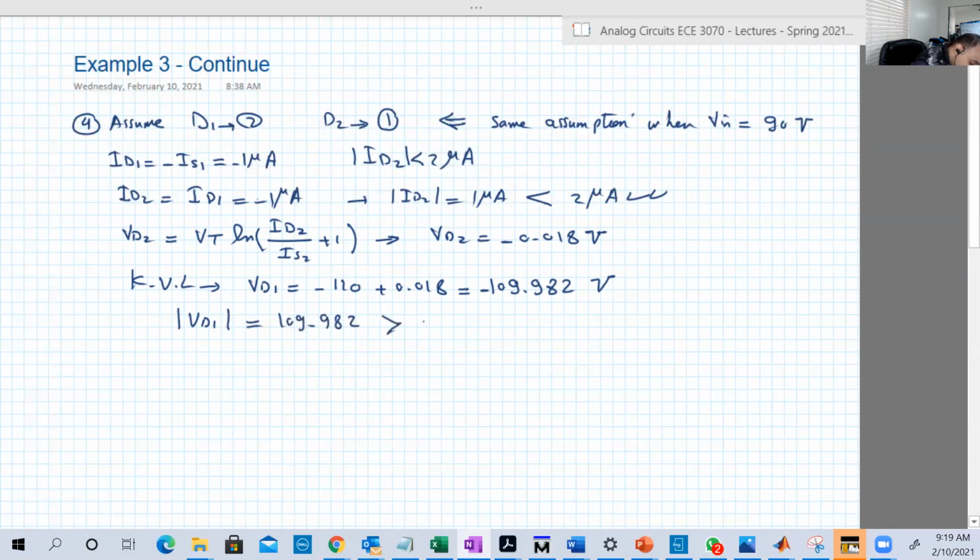That's bigger than V breakdown, which is 100. And remember, we assumed that D1 is in 2, not 3. It's not a breakdown. So basically, it cannot exceed 100 as a magnitude, or minus 100 as a value. So that's also an incorrect assumption.